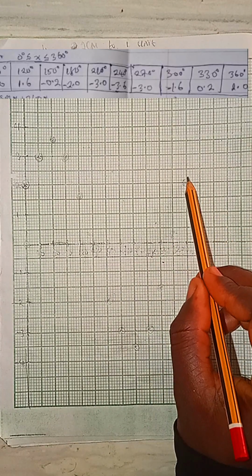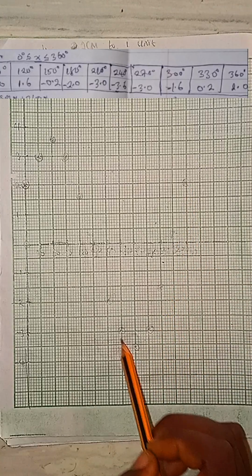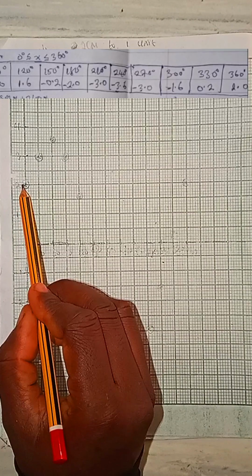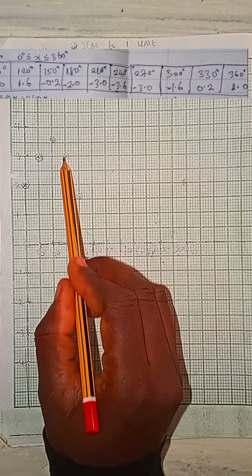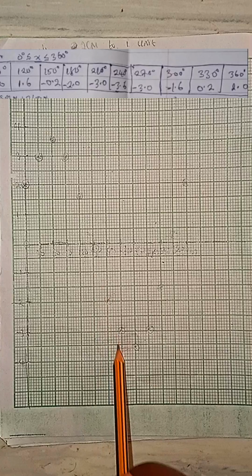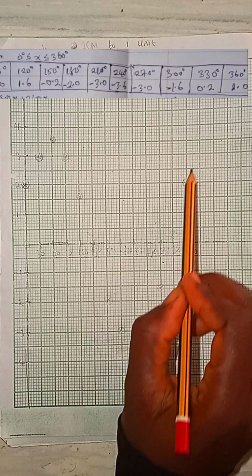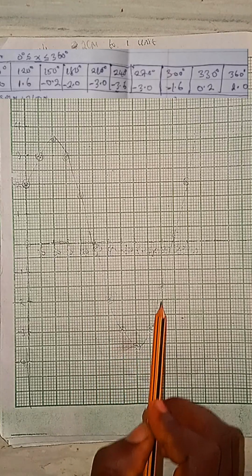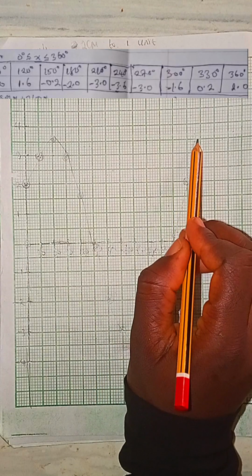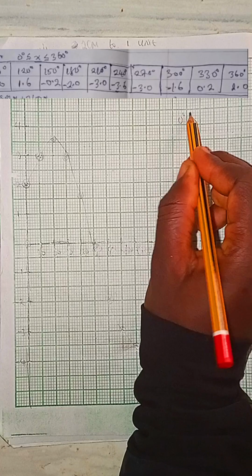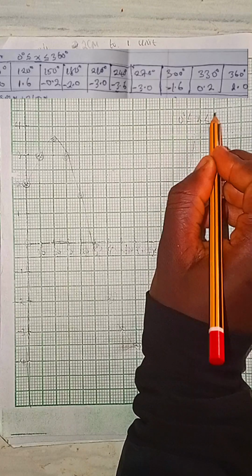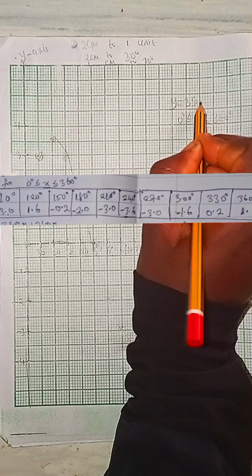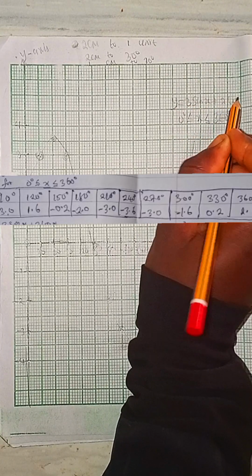So, join the points from the beginning to the end with a curve, and it will look like the graph of y equals 3 sin x plus 2 cos x, for 0 degrees less than or equal to x, less than or equal to 360 degrees. Y equals 3 sin x plus 2 cos x.